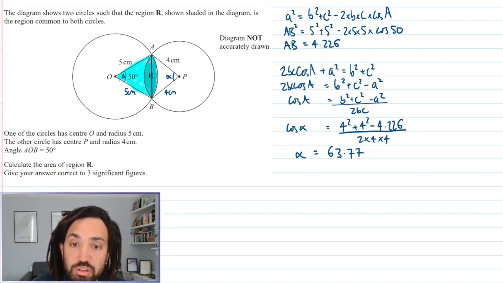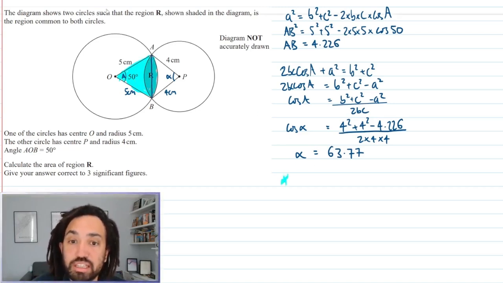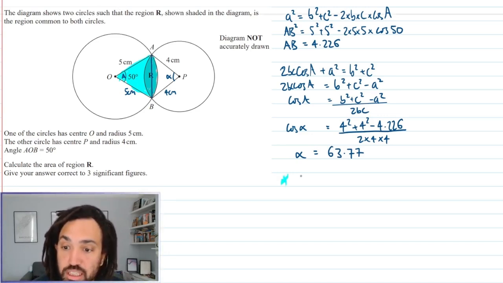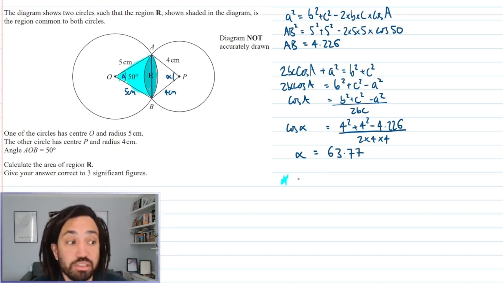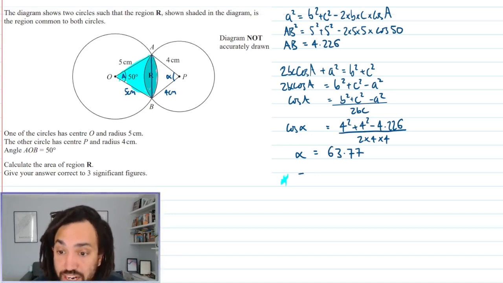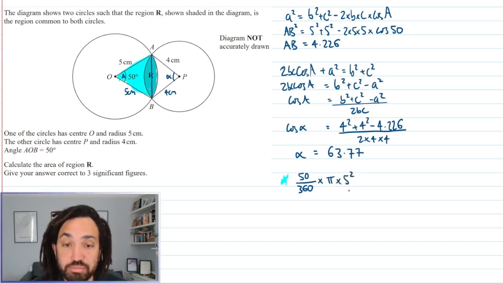Okay, so that's what I'm going to find first. So the blue sector there, well, to find the area of a sector, it's the same as the area for a circle, but what we need to do is take a fraction of it, and that fraction is the angle of the sector over 360. So times by pi times by r squared.